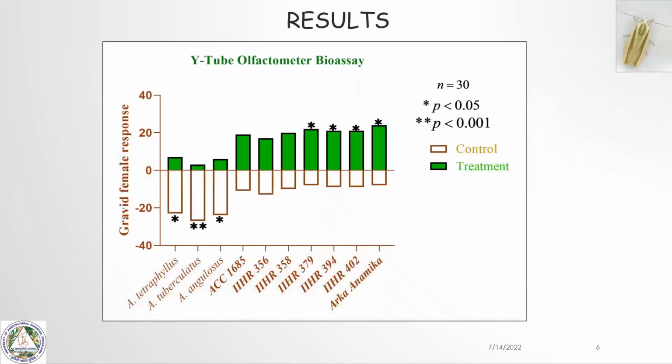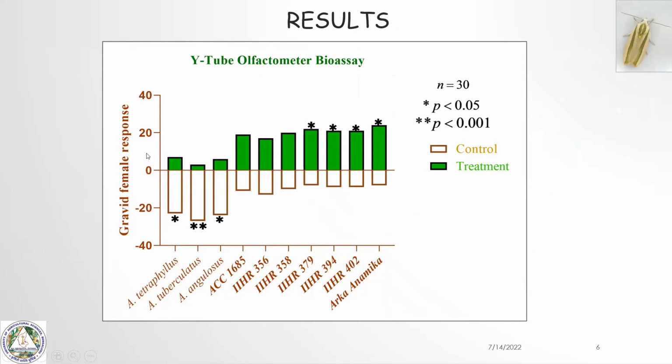Here, the next result for the white tube olfactometer bioassay is projected. The graph shows different host plants on the x-axis, and the negative and positive behavioral responses of gravid females on the y-axis.